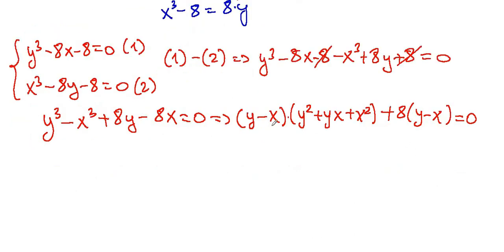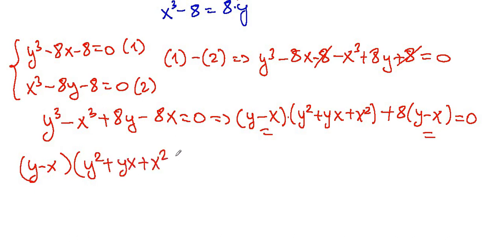So now we see that here we have a common factor. If we factor out y minus x, then we'll get y squared plus yx plus x squared plus 8 is equal to 0. So now here we see that the multiplication of two expressions is equal to 0.